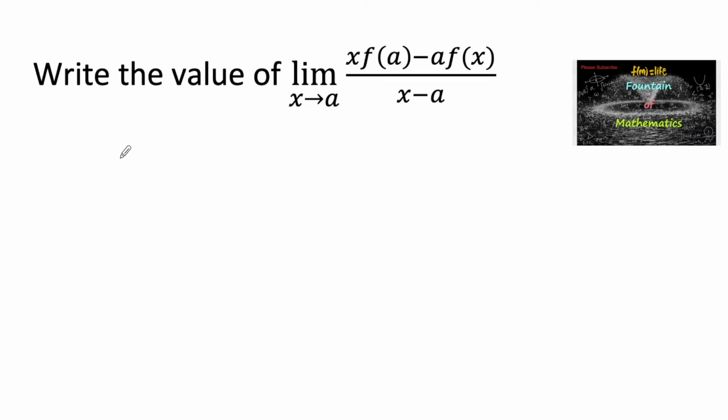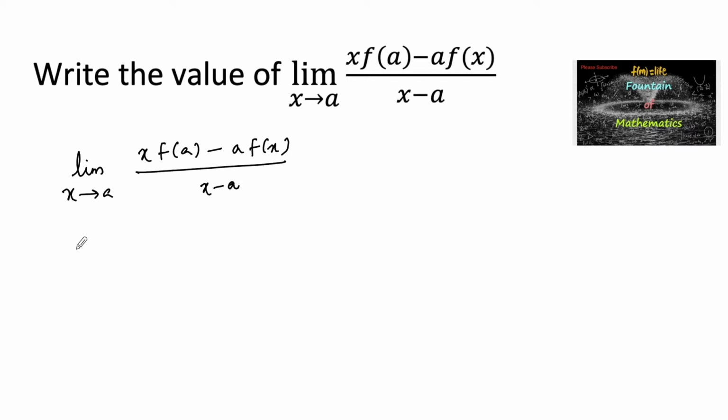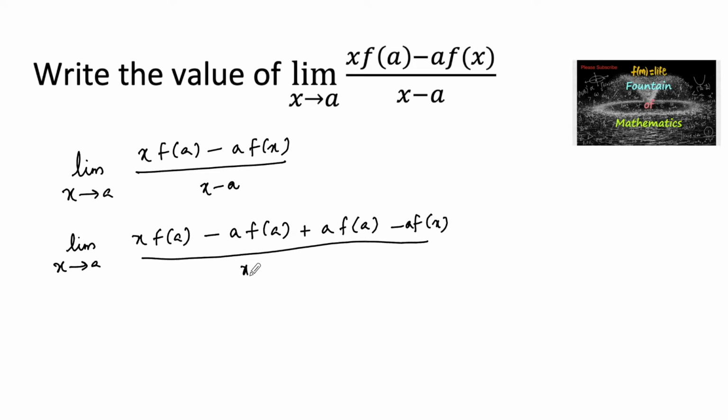Write the value of limit x tends to a of x into f of a minus a into f of x upon x minus a. So let us simplify this. Limit x tends to a, x into f of a, let us add and subtract a times f of a, and then minus a times f of x divided by x minus a.